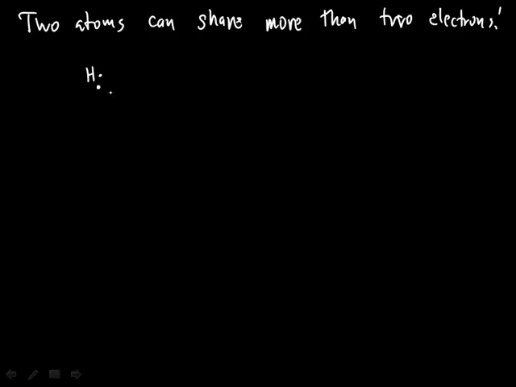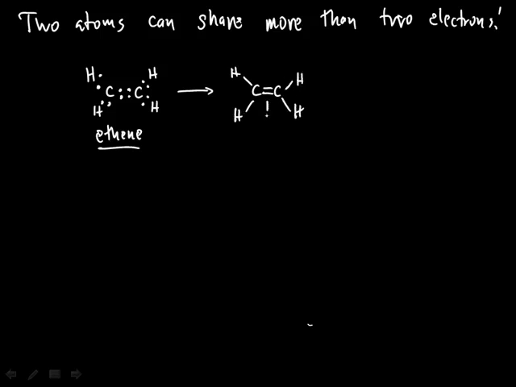So if you look at this compound, which again has 2 carbon atoms but 4 hydrogens, and this compound is called ethene, we will see here that 2 carbon atoms share a total of 4 electrons. And so according to our convention, this molecule will be drawn this way. And this thing here is a double bond.